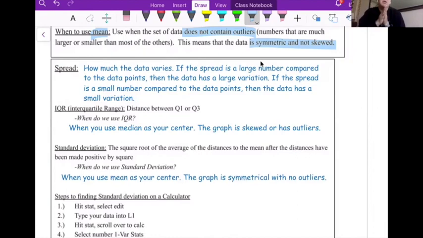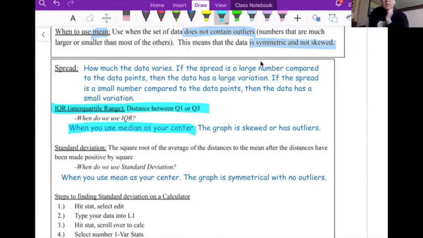Okay. So now, if we're talking about our spread, don't worry so much about the variation. Basically, we first want to determine, should we use mean or median for our center? Then, depending on what our center is, we choose whether we want to use the IQR or standard deviation for our spread. The IQR is the difference between Q1 and Q3. We use the IQR when the median is our center.